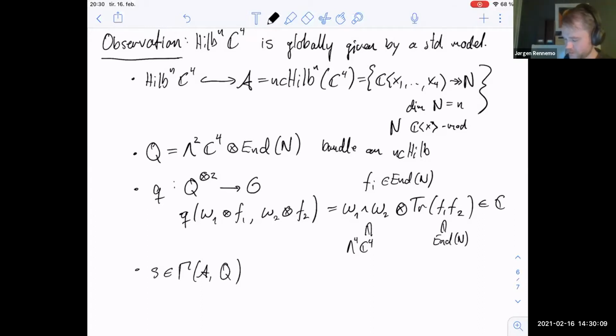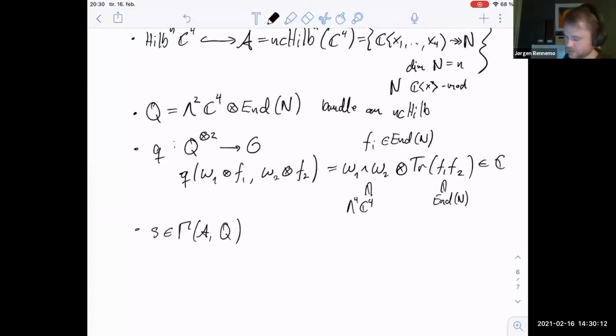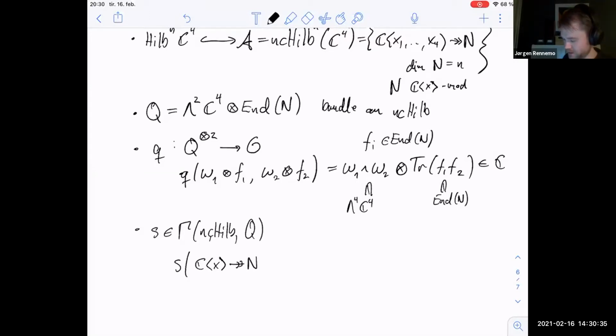There's a section of this quadratic bundle, which is given by, well, how do you evaluate this at a surjection n? Well, you take an explicit sum.